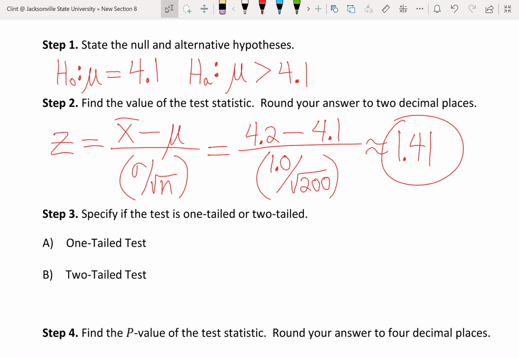Questions on filling in the formula? Okay.